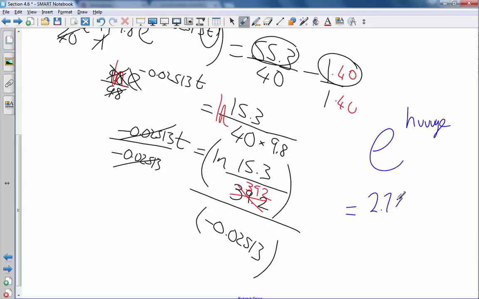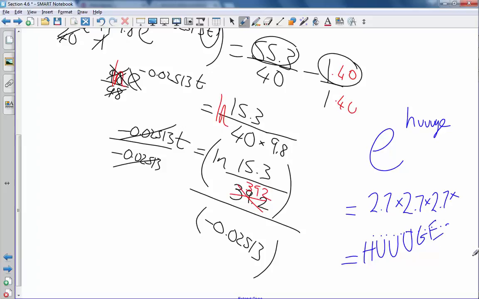So that means you keep multiplying 2.7 how many times? 2.7 times 2.7 times 2.7. What do you get? A very large number. This is a HUGE number in capitals, okay?